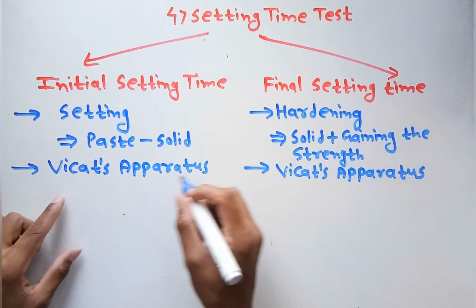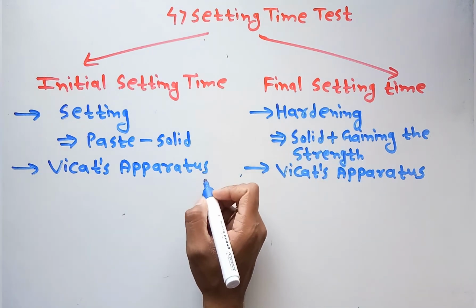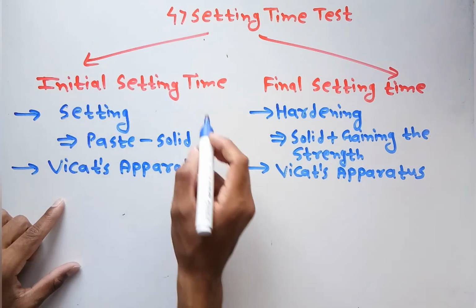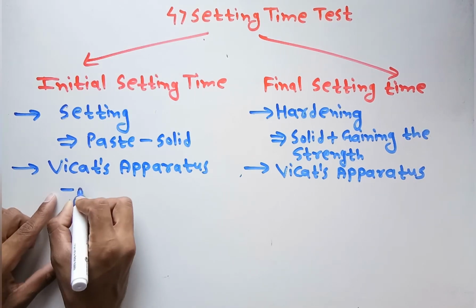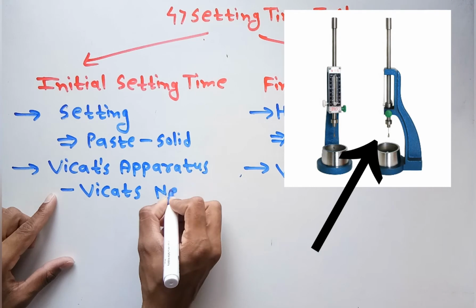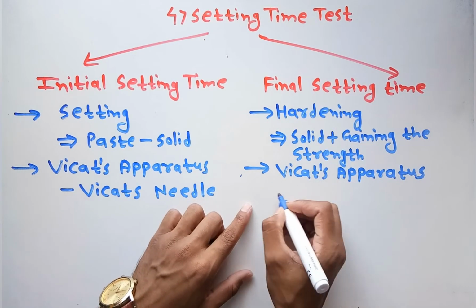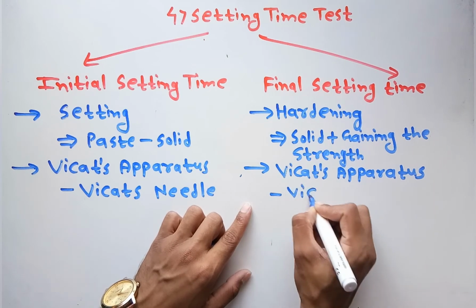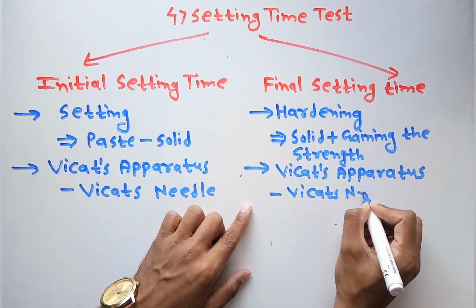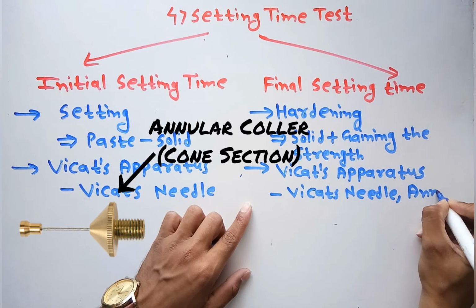The difference which separates the initial and final setting time procedures is that in the Vicat's apparatus, for initial setting time we use Vicat's needle, and in the final setting time we use Vicat's needle along with the annular collar.